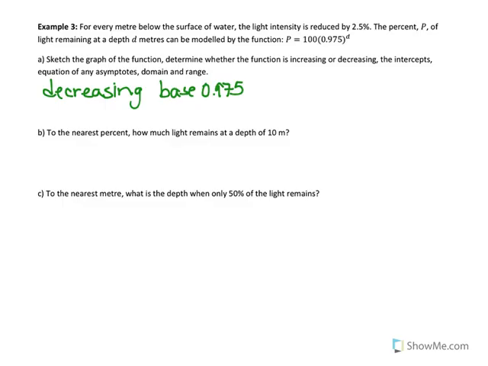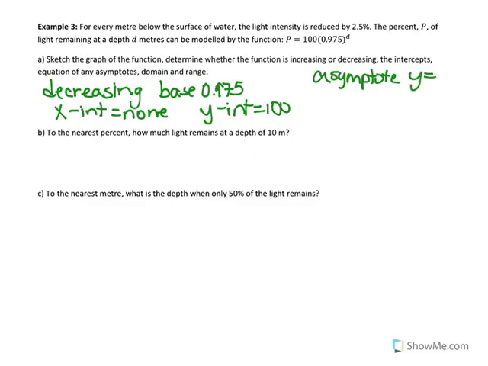I can also tell you that there's no x-intercept, and that the y-intercept is at 100, because this equation hasn't been manipulated very much, it's just been stretched out. I can also tell you that there's an asymptote at y equals 0.